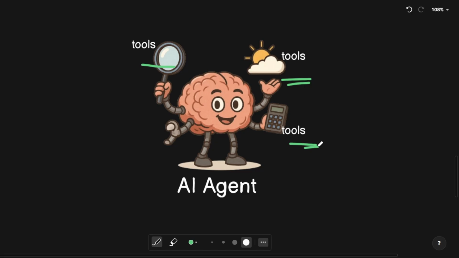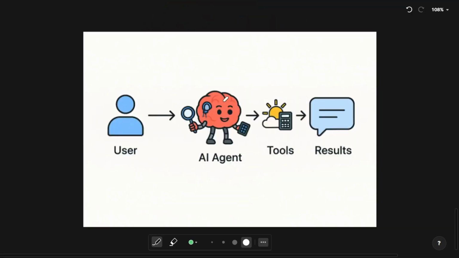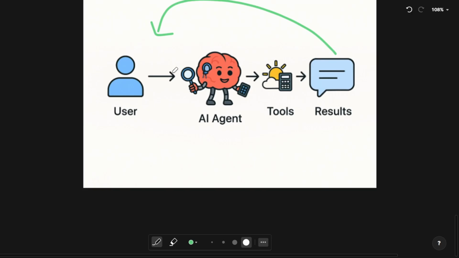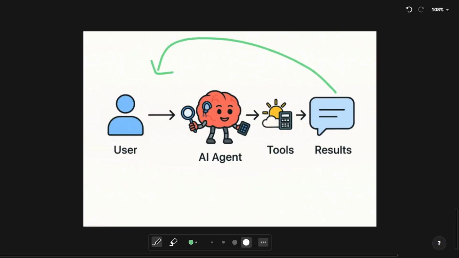When you ask the AI system a question, it analyzes what tool it should use, and based upon that, it uses that tool, gets the information, and gives the information back to you. It is that simple. That is all an AI agent is.